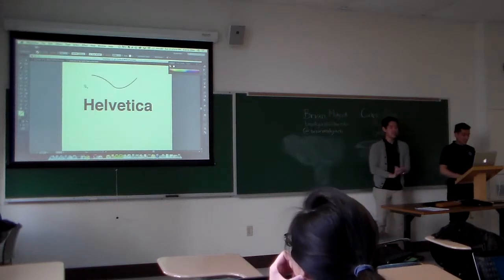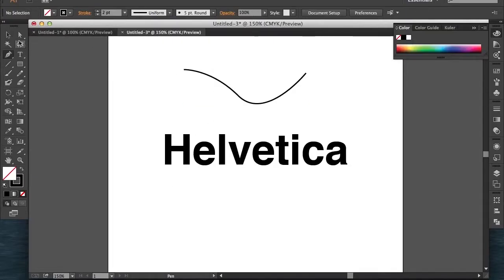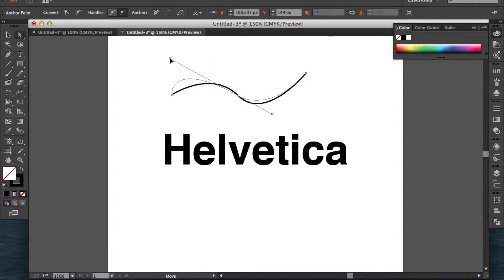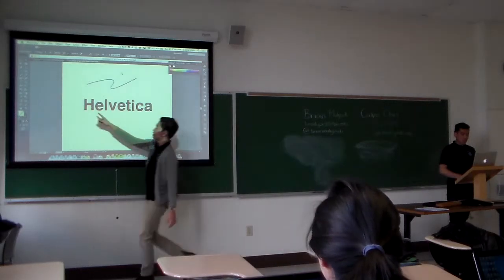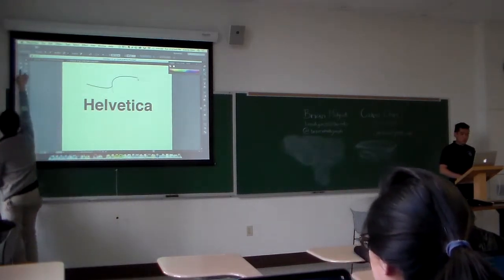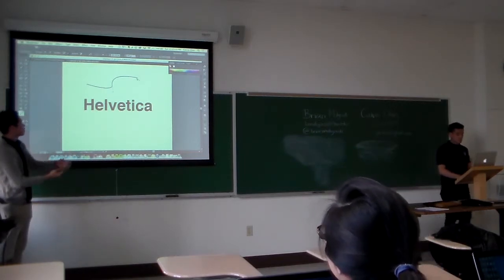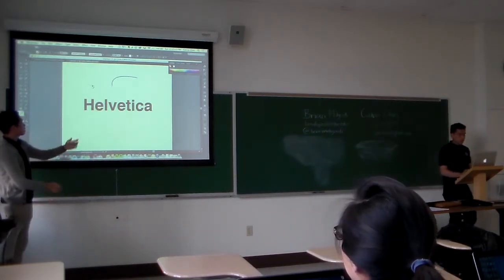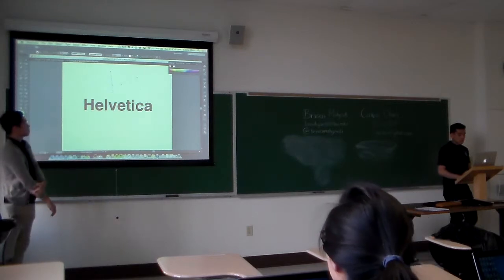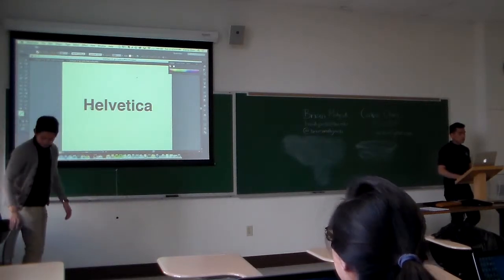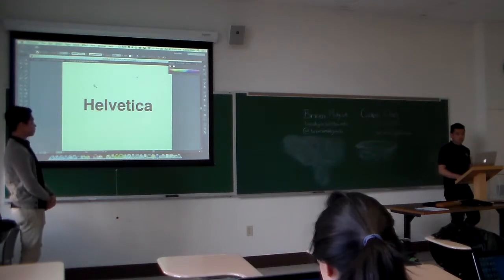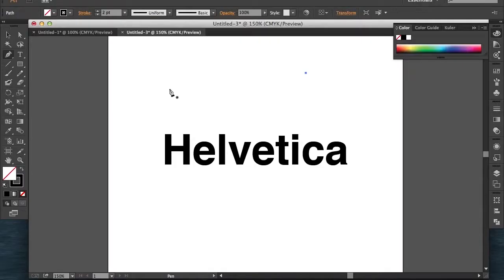Okay, so last week we tried using the pen tool. The pen tool is one of the most important tools in Illustrator. It's right here, this pen thing. Calvin will show the basics of what we did last week and how to make shapes. The pen tool is the basic tool of Illustrator and the most important thing to learn. It allows you to draw vectors, which use points, handles, and anchors to make shapes.